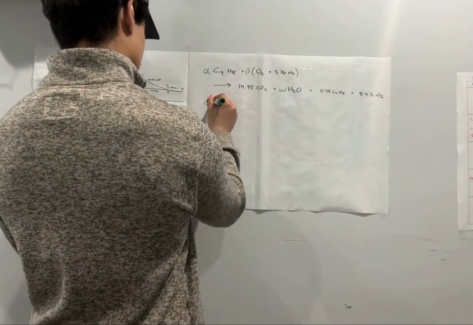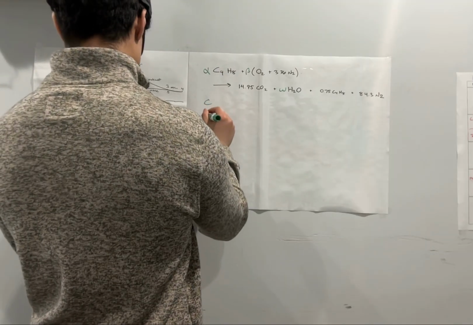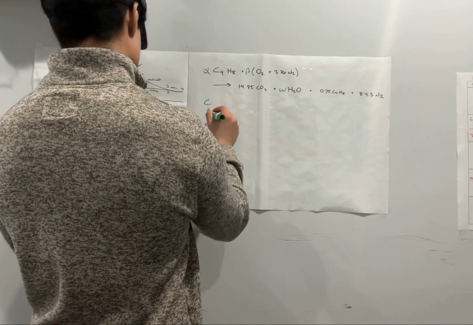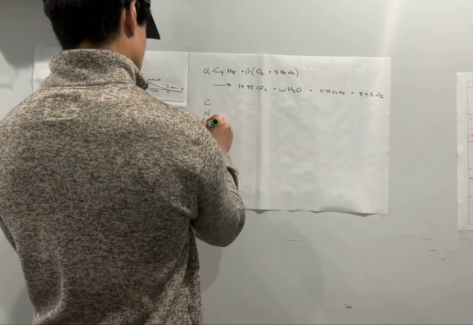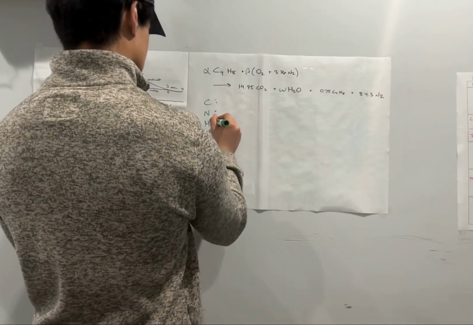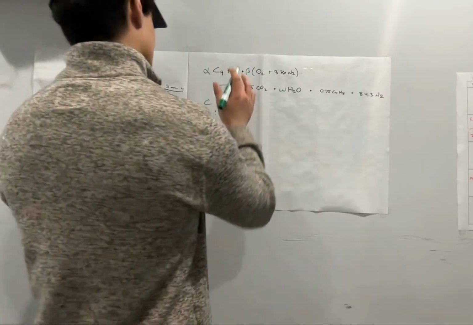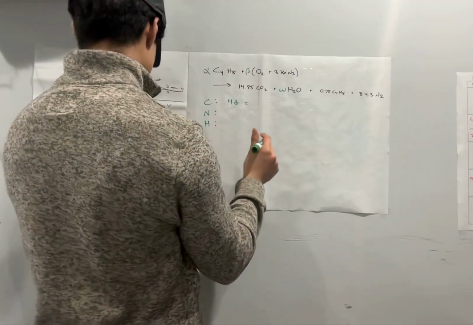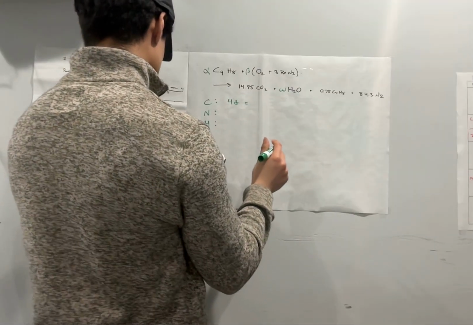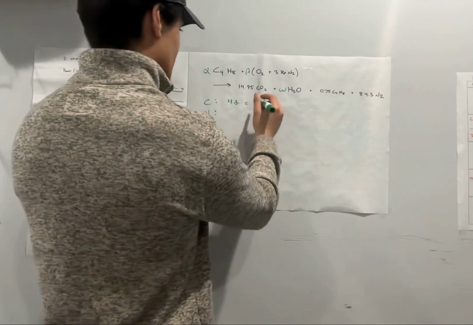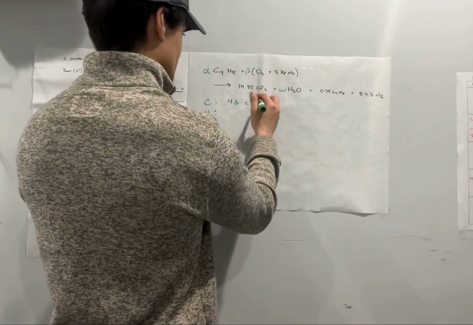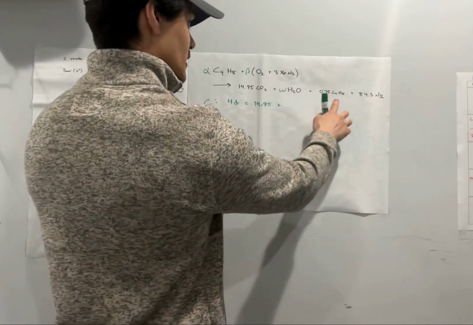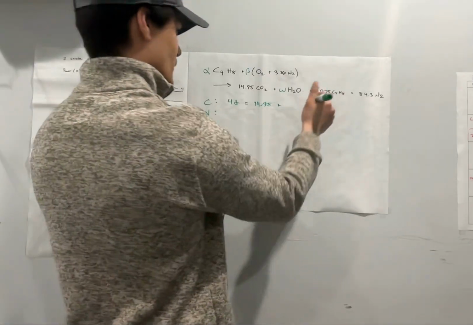So I'll write carbon, and then nitrogen next, and then hydrogen. So for carbon, we have 4 alpha equals 14.95 carbon here, plus 0.75 times 4.